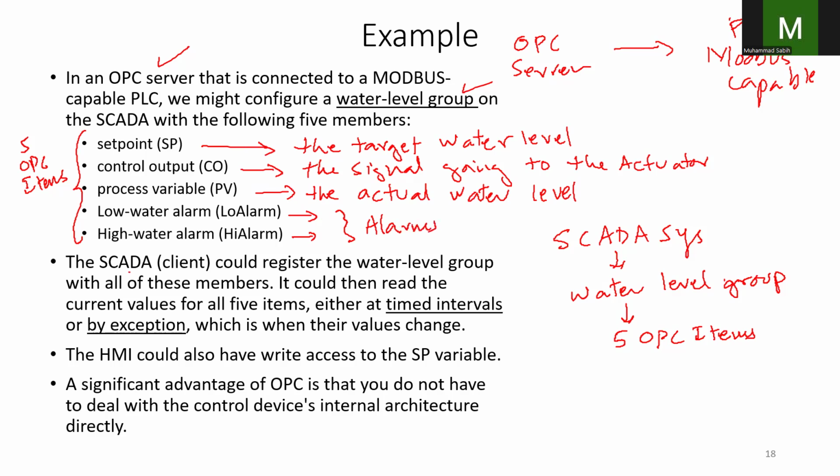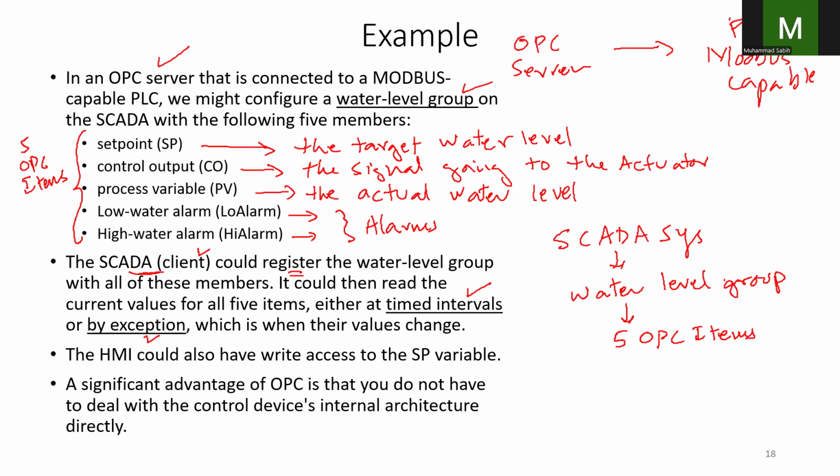Now the SCADA acting as a client registers these variables, this group, and can read the current values of all the members. It can choose this based on 2 options, for example, either the timed interval or by exception.